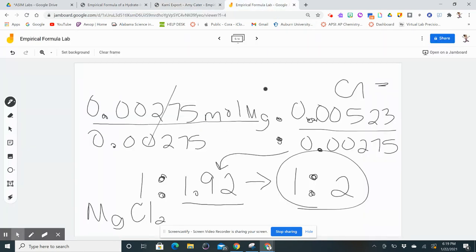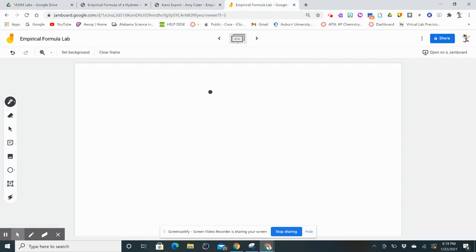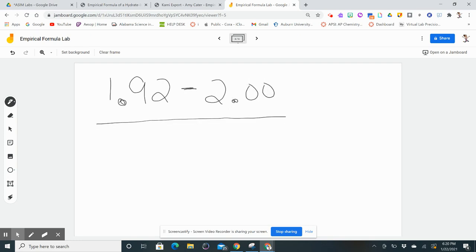So to do percent error for an experiment, you are going to take the actual value that you got, which is 1.92, and subtract it from the theoretical value, which is what you should have gotten, which would have been 2 in this case. And then you will divide it by the theoretical and then multiply by 100.